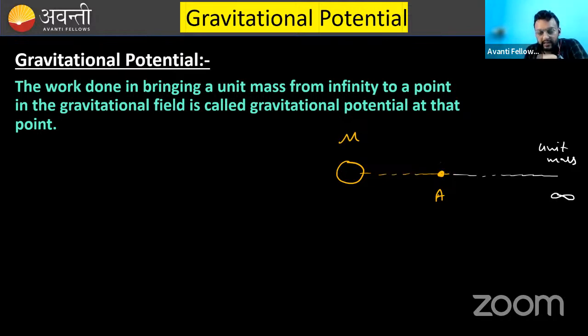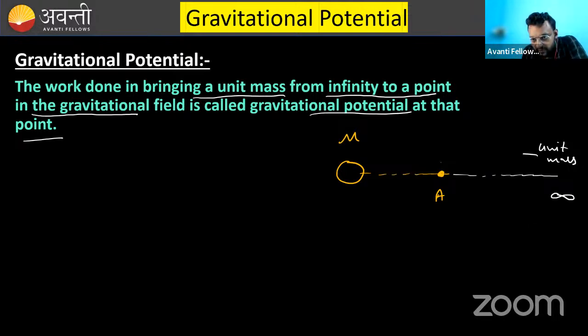Bringing a unit mass from infinity to that point is known as the gravitational potential at that point. So the work done in bringing a unit mass from infinity to that point is equal to the gravitational potential, and it is denoted by V. Clear?